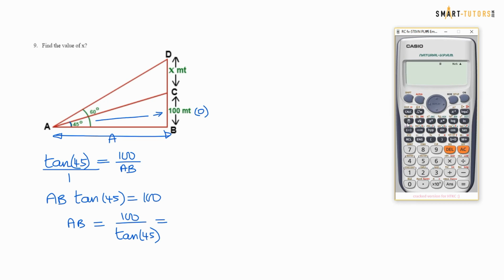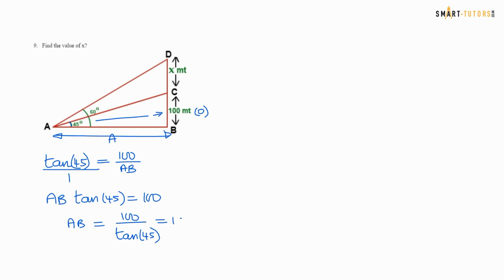They're not asking any rounding question, so we can leave that in exact form if it is possible. 100 over tan 45. So what is tan 45? It is 1. So that is going to give the answer as 100.